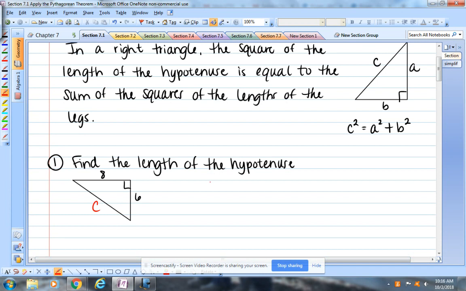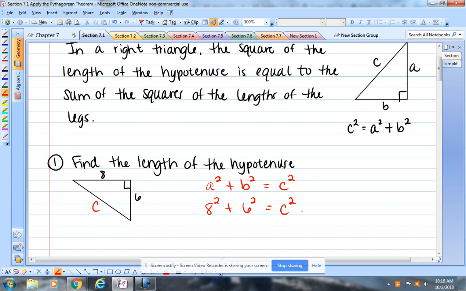We plug it into the Pythagorean theorem, A squared plus B squared equals C squared, to find C. Does it matter which leg you put in for A or B? It does not. Addition is commutative, so it doesn't matter in which order you add two things, unless it tells you specifically to use one or the other. So 8 squared plus 6 squared equals C squared.